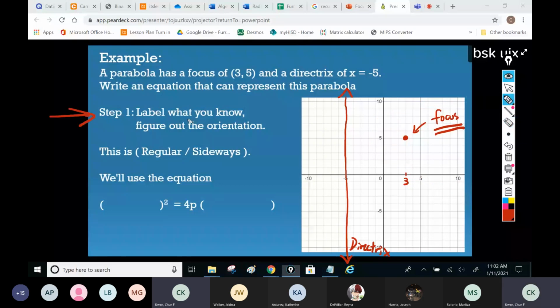All right, so label what you know, figure out the orientation. So that we just finished. So you know the graph is going to look something like this. This is a sideways parabola. And we will use the equation. There are 2 of them, and one of them is for sideways.